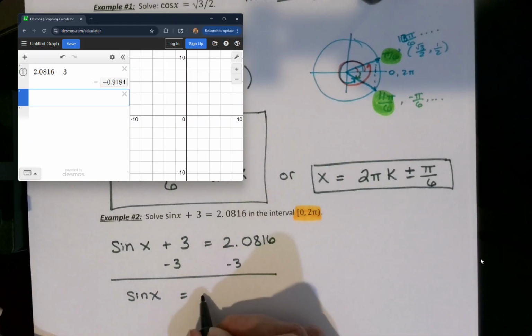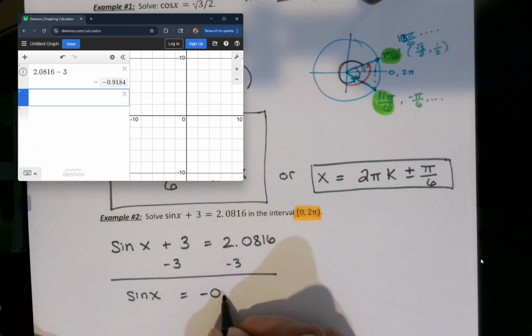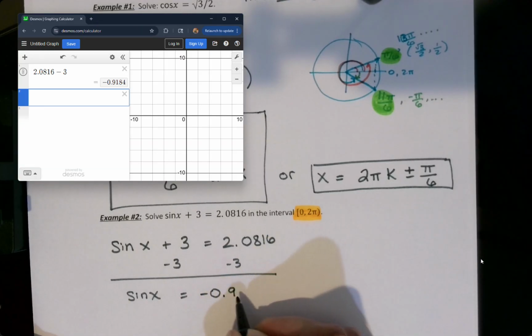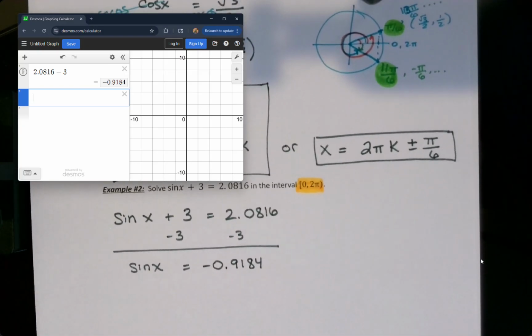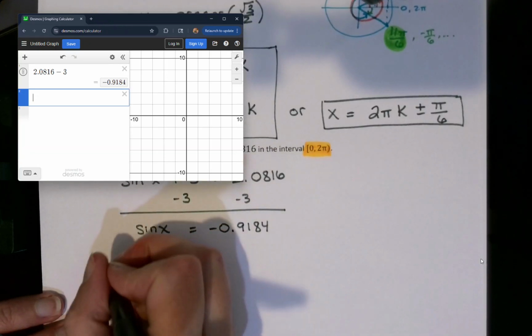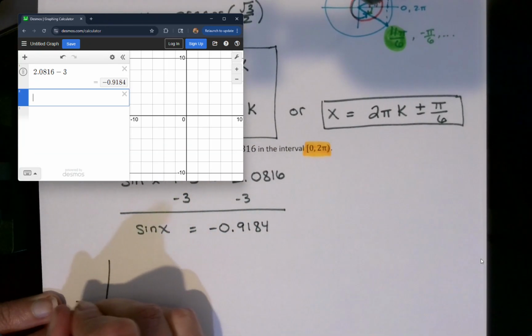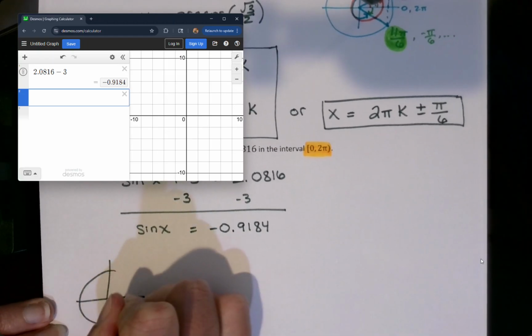It gives us sine of x equals negative 0.9184. Now, this is obviously not a known angle like the square root of 3 over 2 was in the last question. We're still going to be able to approximate its position on a unit circle.